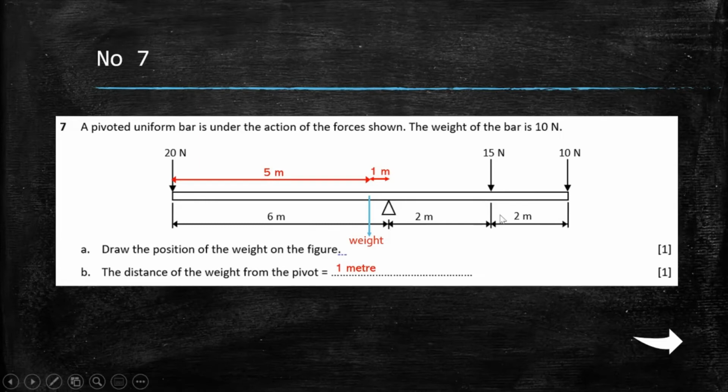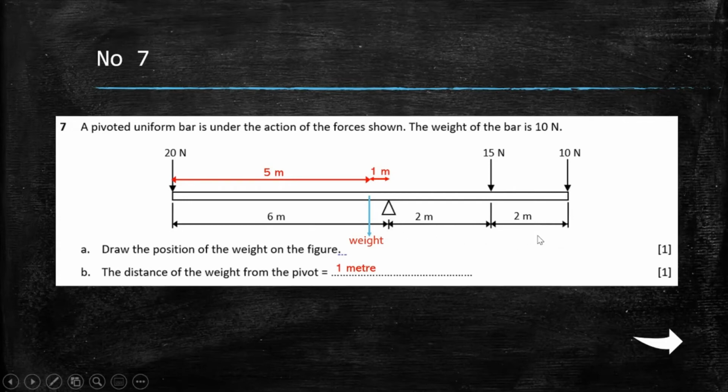The distance of the 15 Newton force from the pivot is 2 meters. The distance of the 10 Newton force from the pivot is 4 meters, not 2, yeah? Because 2 meters is only until here. You have to measure the distance from the position of the force until the position of the pivot.